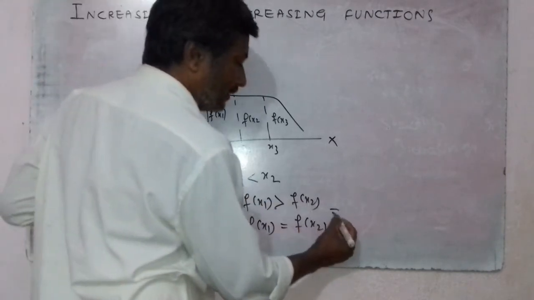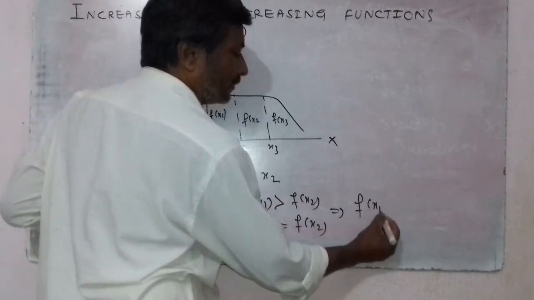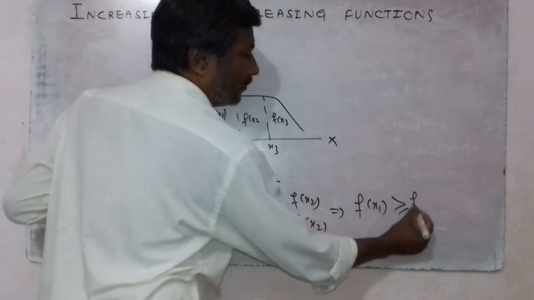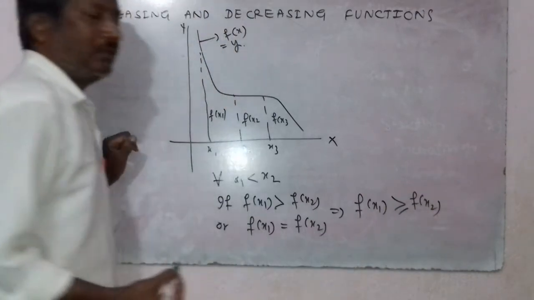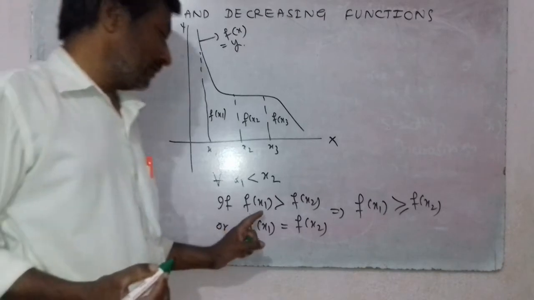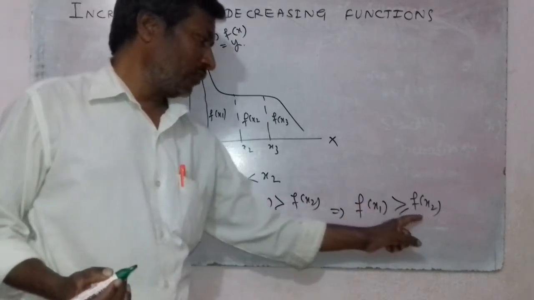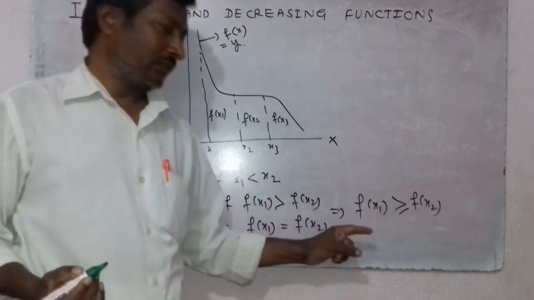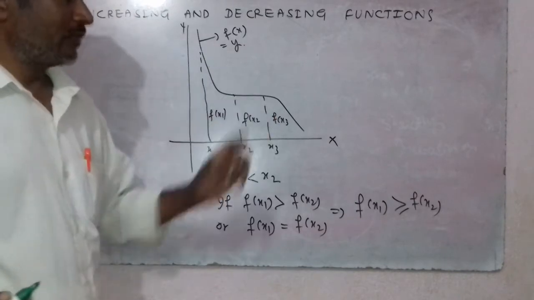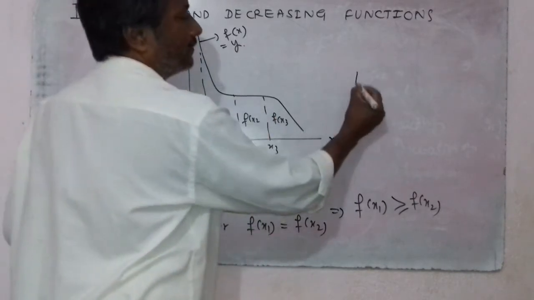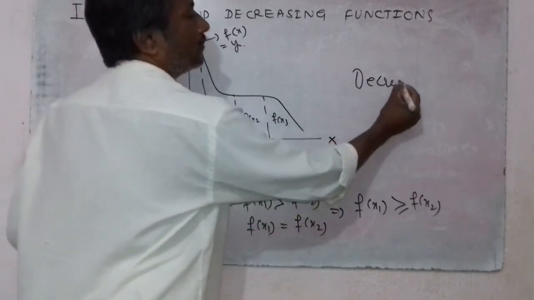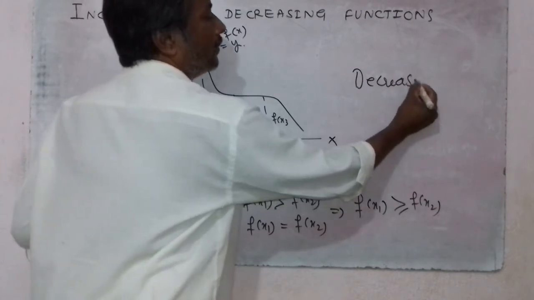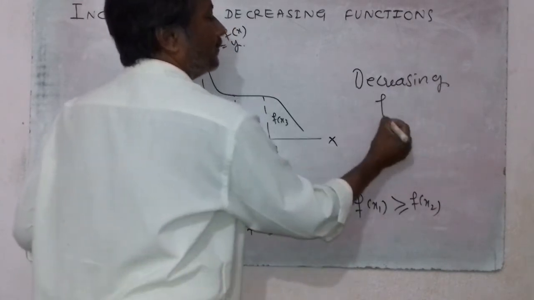So in general this implies f of x1 greater than or equal to f of x2. So therefore this one is known as the decreasing function.